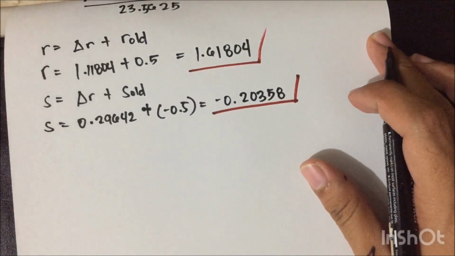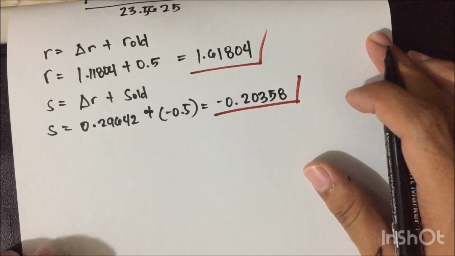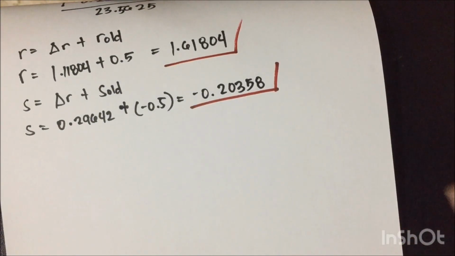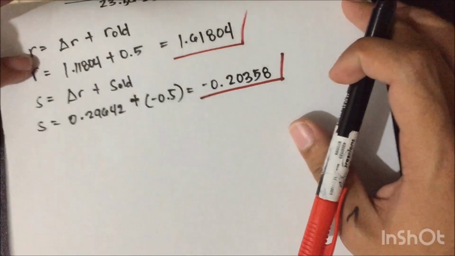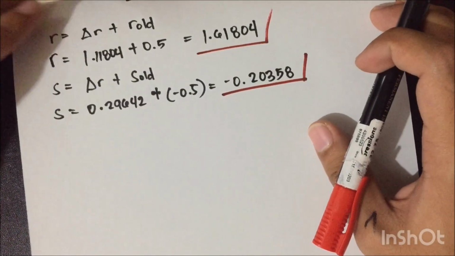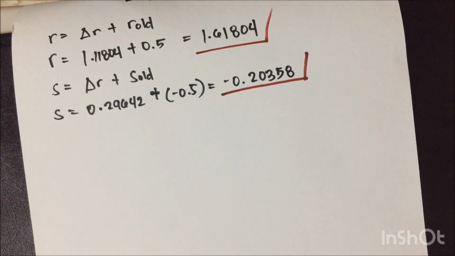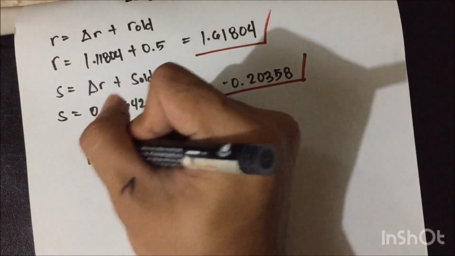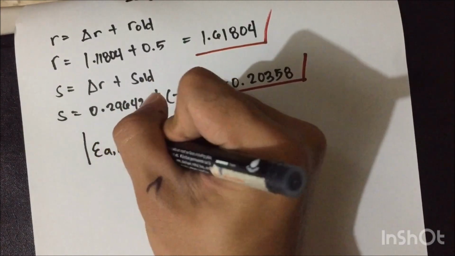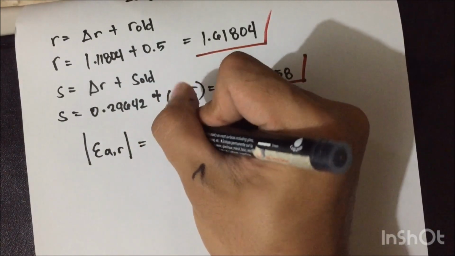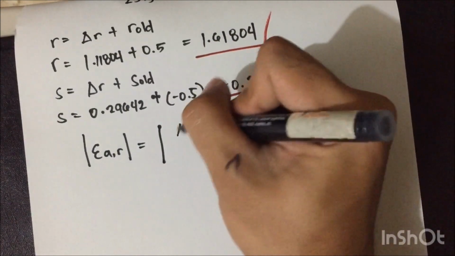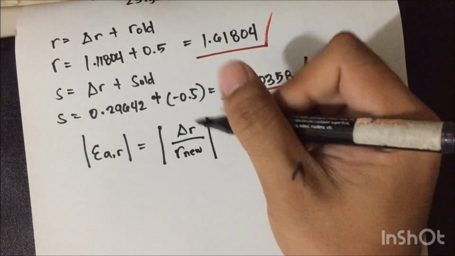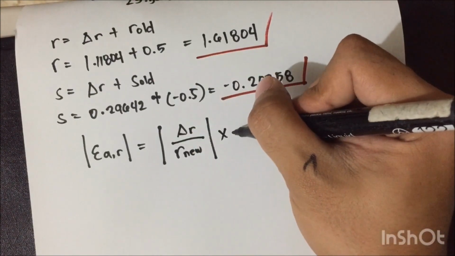So guys, ngayon, ipoprove natin to or uulitin natin yung mga step until maabot natin yung criteria natin na 0.01. So, para ma-prove yung criteria natin, we refer to the formula na ito is absolute value ng ating delta R over bagong R times 100%.